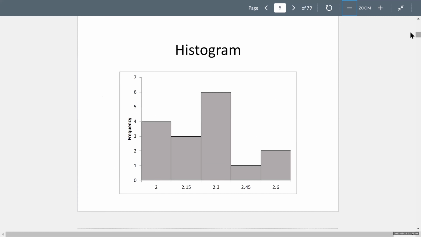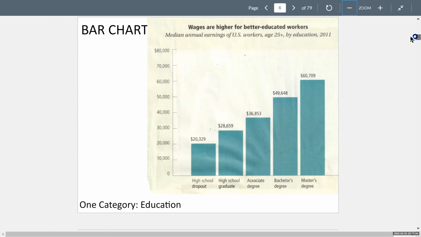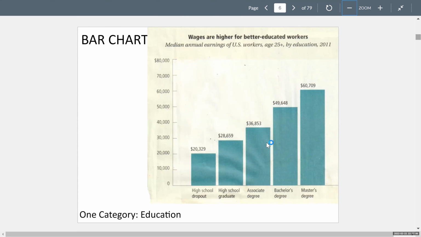All right, we already looked at histograms. We're going to have a continuous x-axis that should be labeled, and then how many observations we have in each of those bins. That is going to be different than a bar chart. So our bar chart is, instead of having a continuous variable across the x-axis, we're going to have steps or categories.